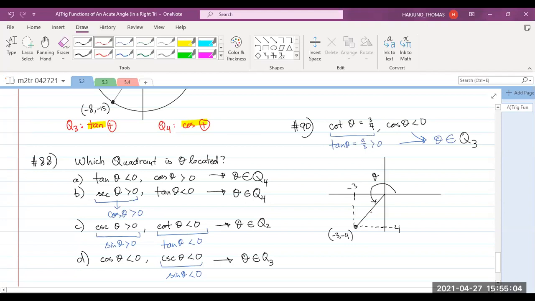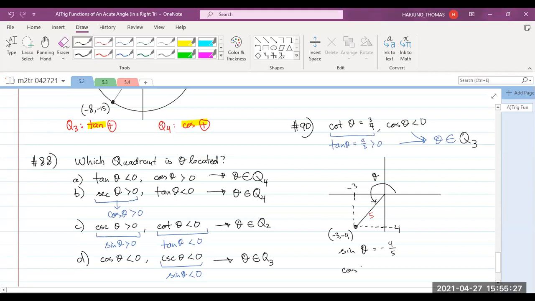Now, once you get this, then you can find the hypotenuse. Can you do it fast? What's the hypotenuse? 3, 4, 5, right? Okay, now then, from there, you can work on the other trig functions. For example, what is sine theta? Sine theta will be y over r.